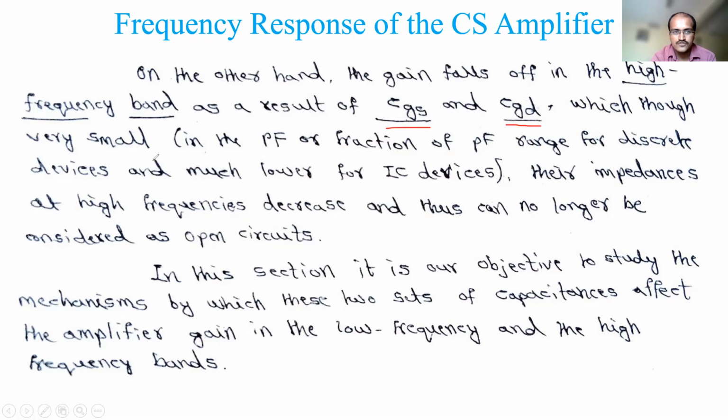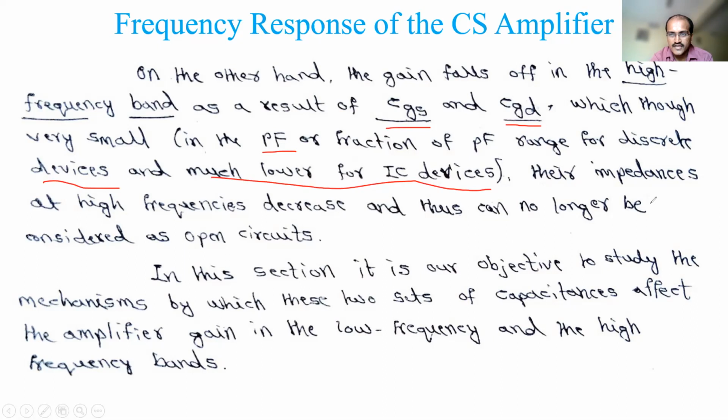Though very small, normally in the picofarad range compared to coupling capacitors in the microfarad range, these are in pico, 10 to the power minus 12, or a fraction of a picofarad for discrete devices. I mentioned there are two types of amplifiers, discrete device and IC devices, and it is still much lower in the case of IC devices, integrated circuit amplifiers.